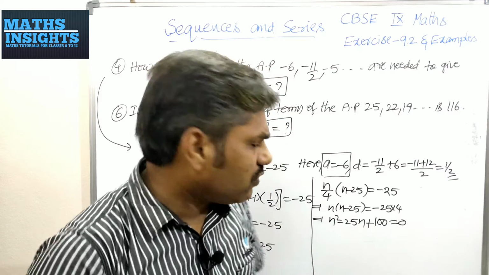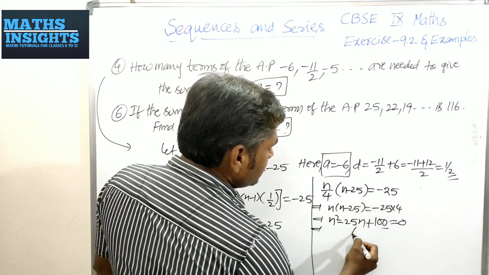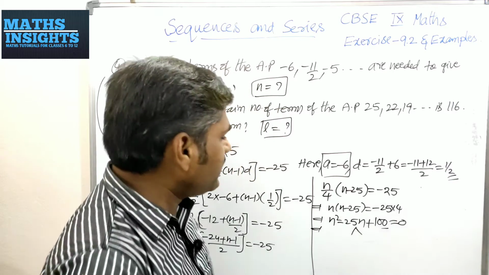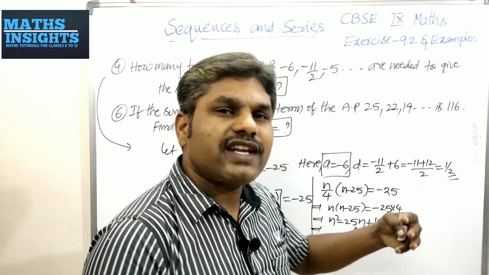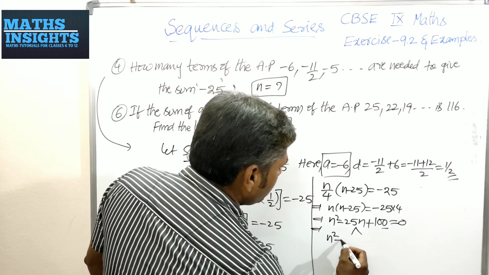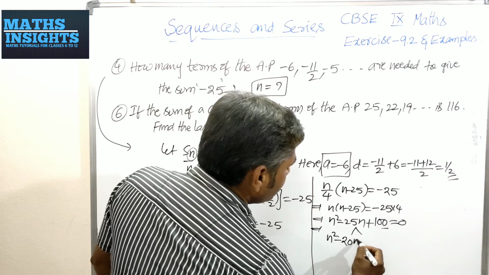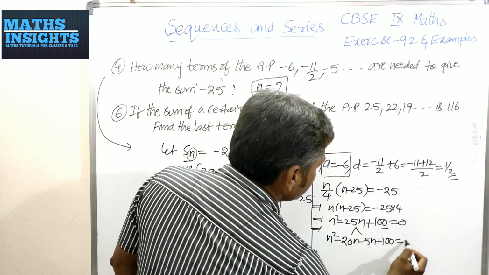See 100, this middle term can be split as n square minus 20n minus 5n plus 100 is equal to 0.